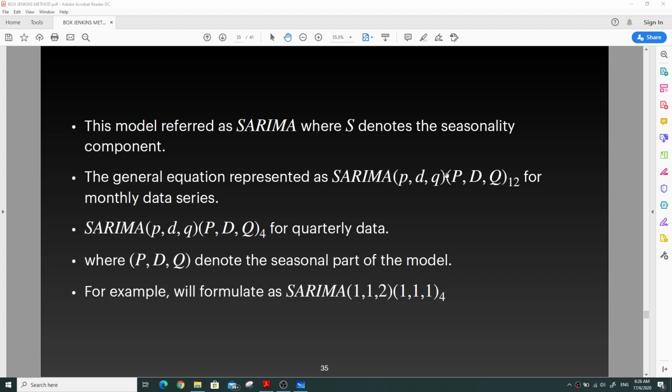The capital P is for SAR, the capital Q is for SMA, and the capital D is how many seasonal differencing.